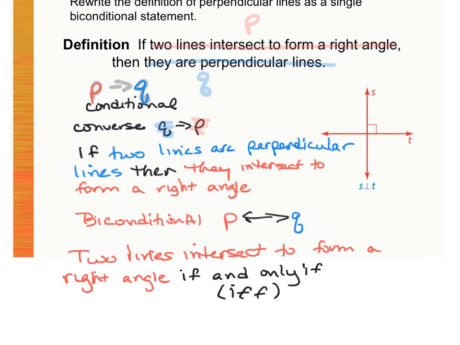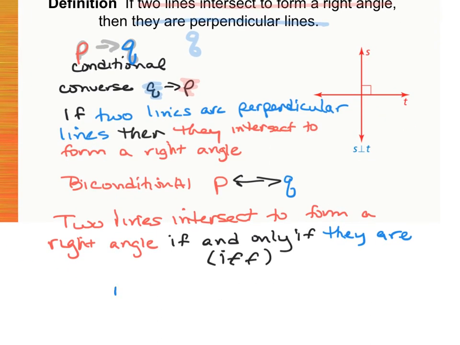And then we'll add in our conclusion. They are perpendicular lines. The symbol for perpendicular would be an upside down T. So that's how we can write a biconditional from that given conditional.